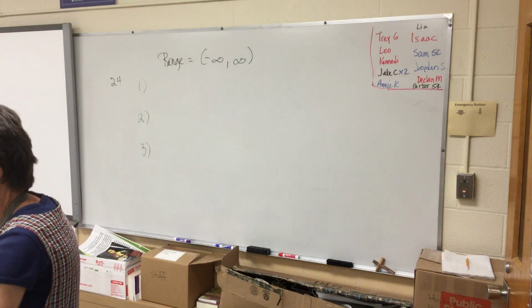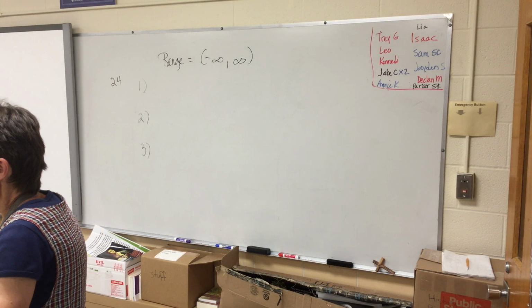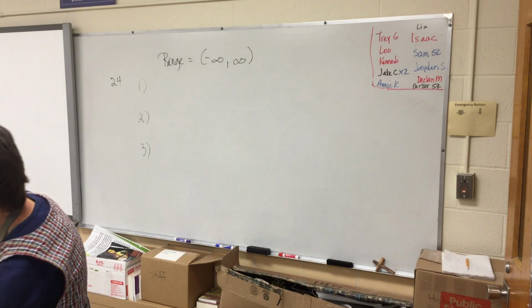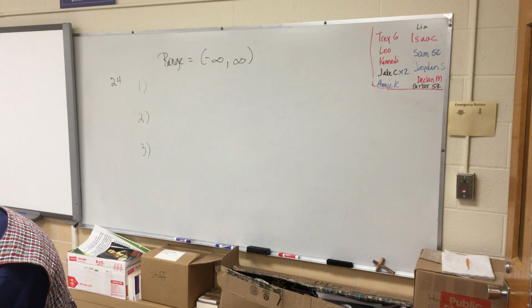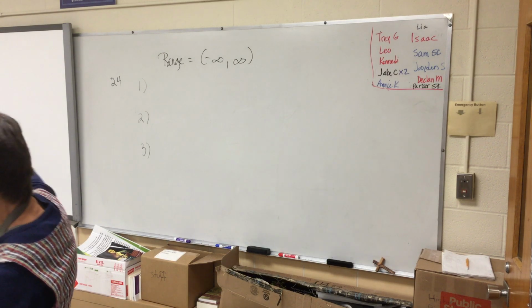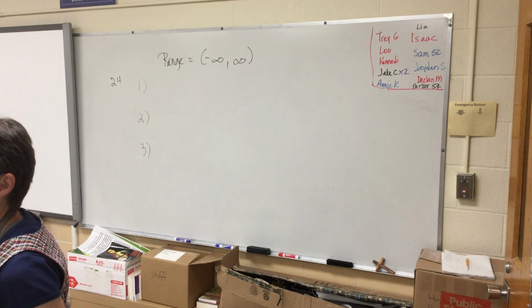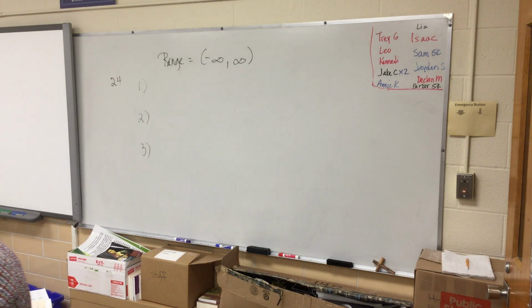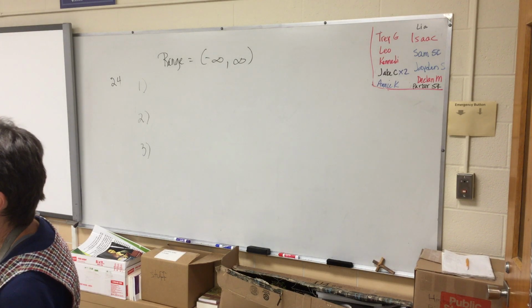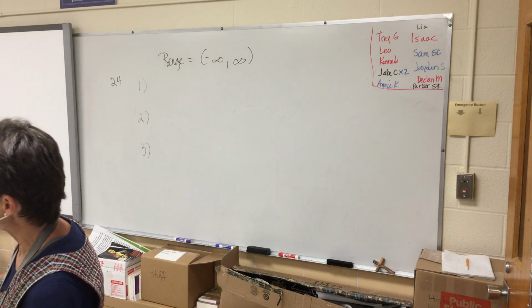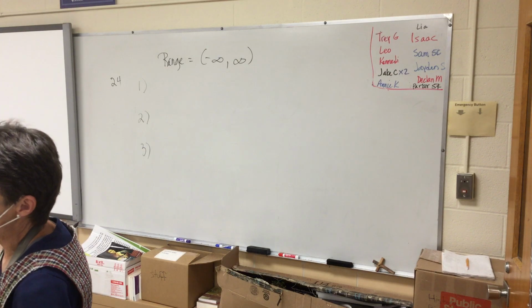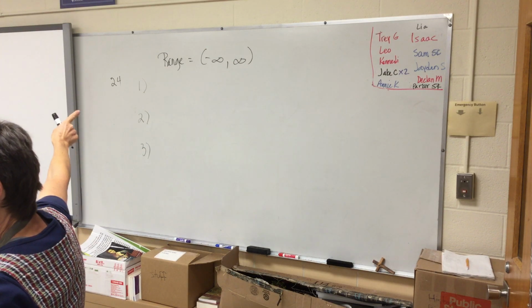That means that the curve goes all the way down with an arrow on the end, all the way up with an arrow on the end, and no breaks in the middle. So can you find 3 curves that do that? All the way down, all the way up, no breaks in the middle. That's what that means, right there.